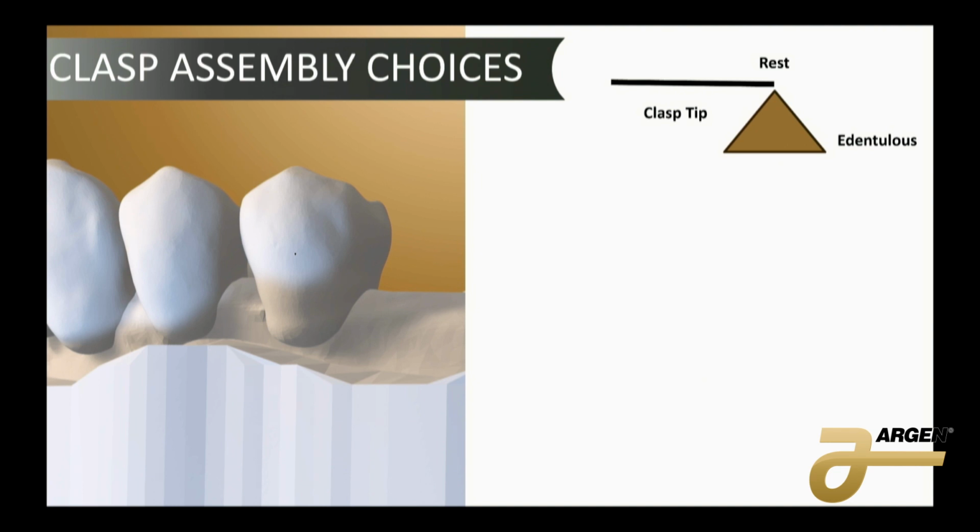distal. We are still going to do a mesial rest here, and we're going to do a clasp here with our undercut here. Now, when we're looking at our fulcrum, we have the clasp tip, the rest, and the edentulous space. The difference is we're not going to be using the same material. So we can change material to avoid the forces.